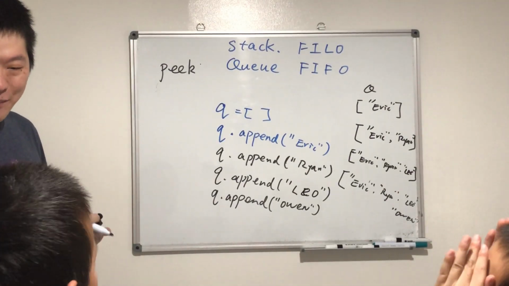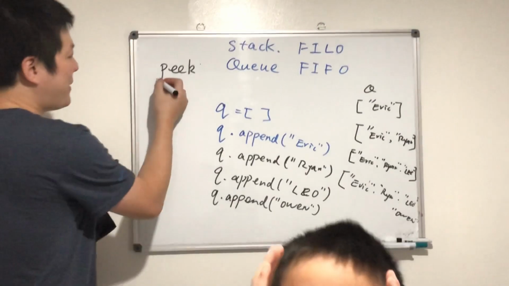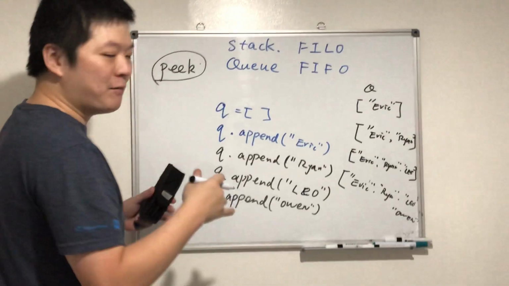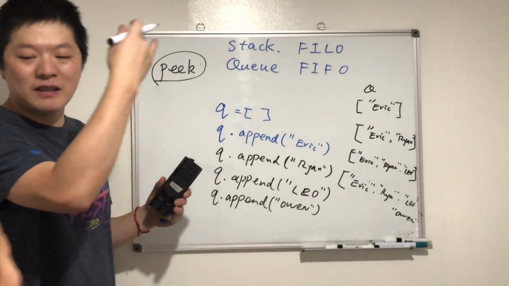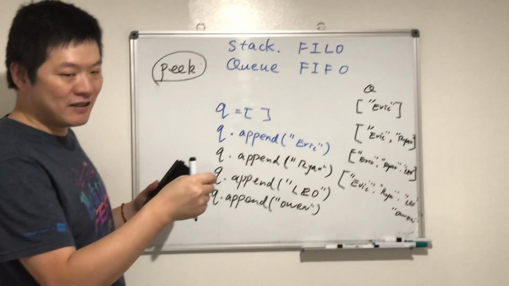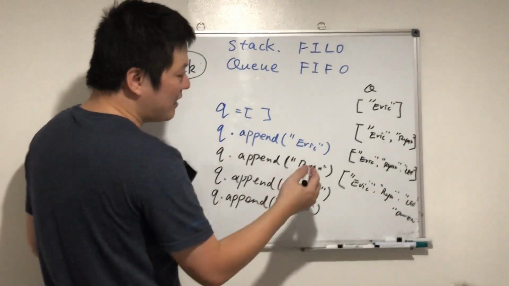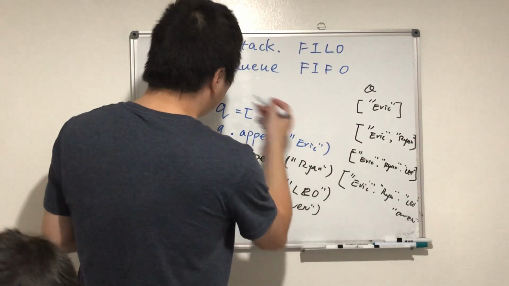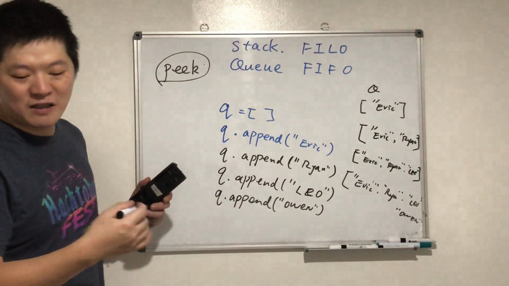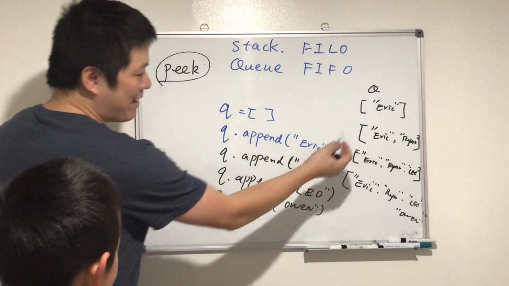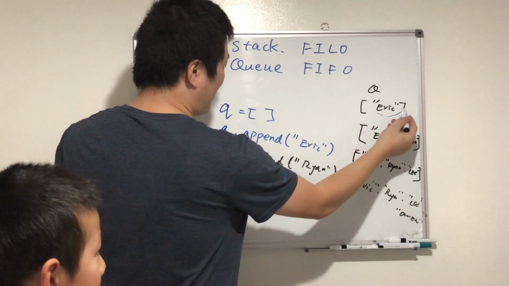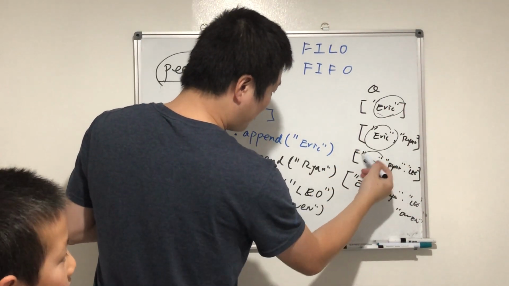So pick means that I want to have a look at the next item to be out of the queue without actually taking it. So pick will give me the first item, who should be served next? Eric, because Eric goes in first, so he needs to be served first, right?